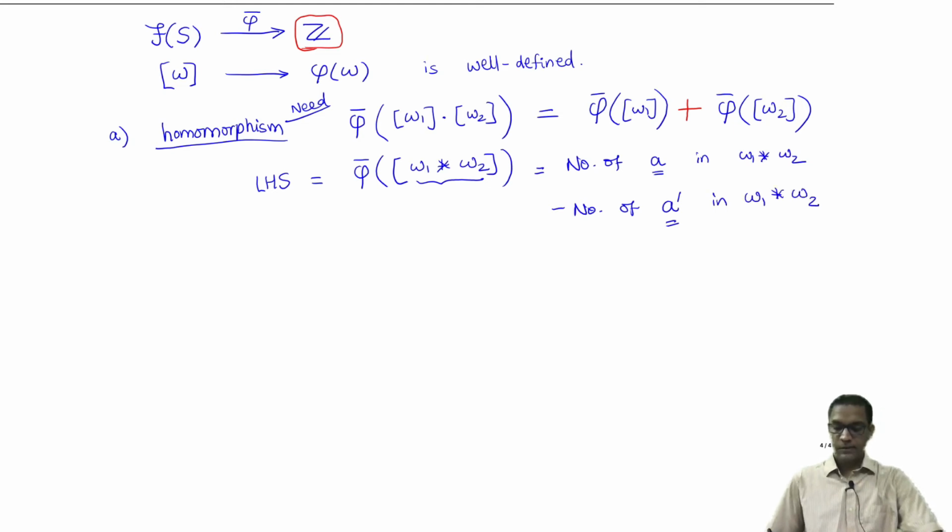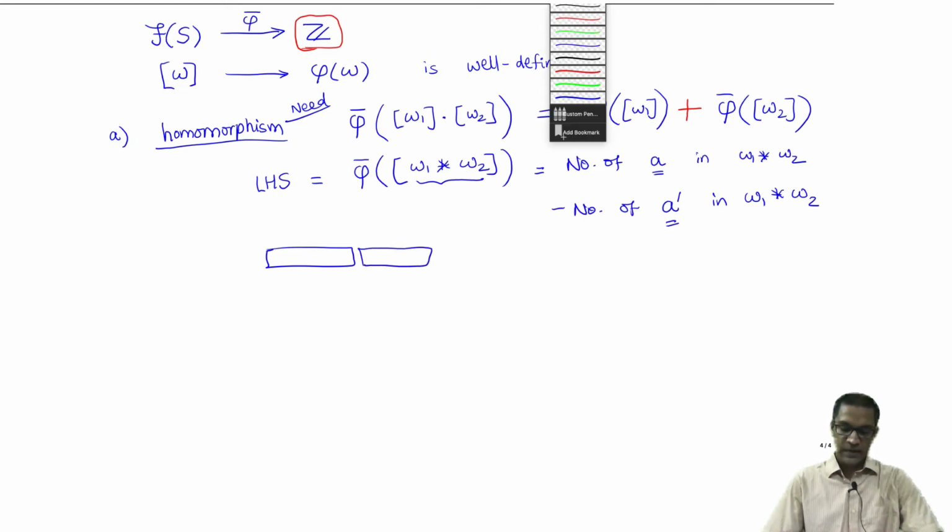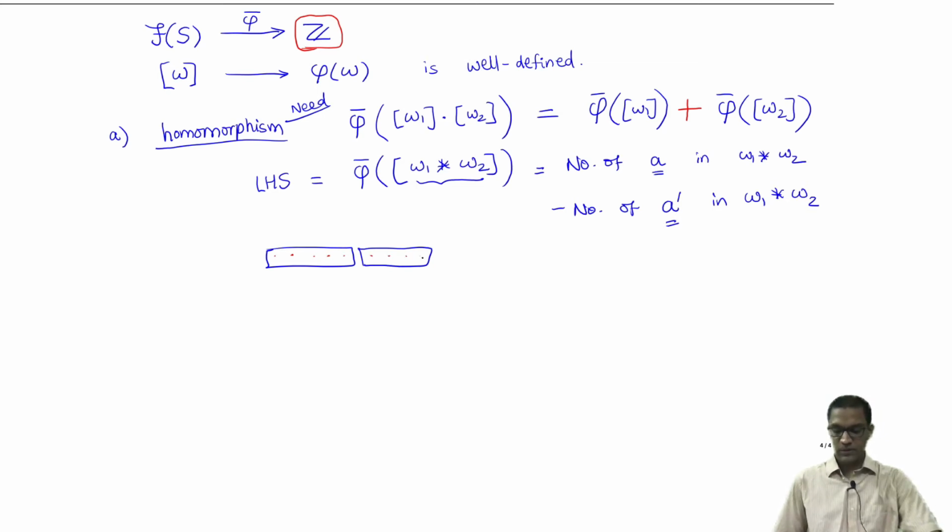Observe, the concatenation of two words is just putting W1 first and then writing W2 next to it. So if I am trying to count how many a's occur in the concatenation, I just have to see how many a's occur in W1, how many a's occur in W2, and it's just the sum of those two numbers. Similarly, the number of a primes in the concatenation is just the sum of the number of a primes in W1 and W2.